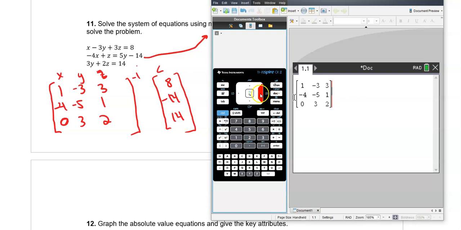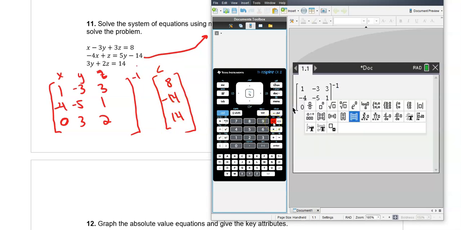And we need to put it to the -1 power, and it's this little button right here. It's called a caret button. You hit that, and it brings up an exponent up here. So you put -1. After you do that, see the cursor's up there in the exponent? You just arrow over one time, and see now the cursor's out of the exponent. And you start your 3 by 1 matrix, which is this right here, 8, -14, 14.